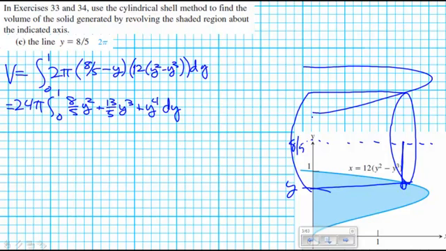Yep, 13 fifths. So now we've expanded out these two terms.